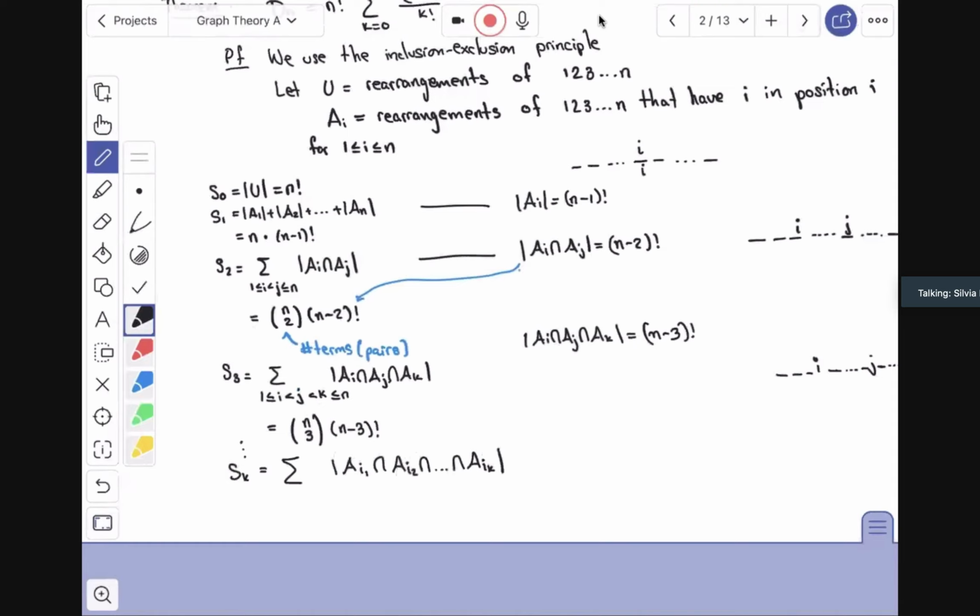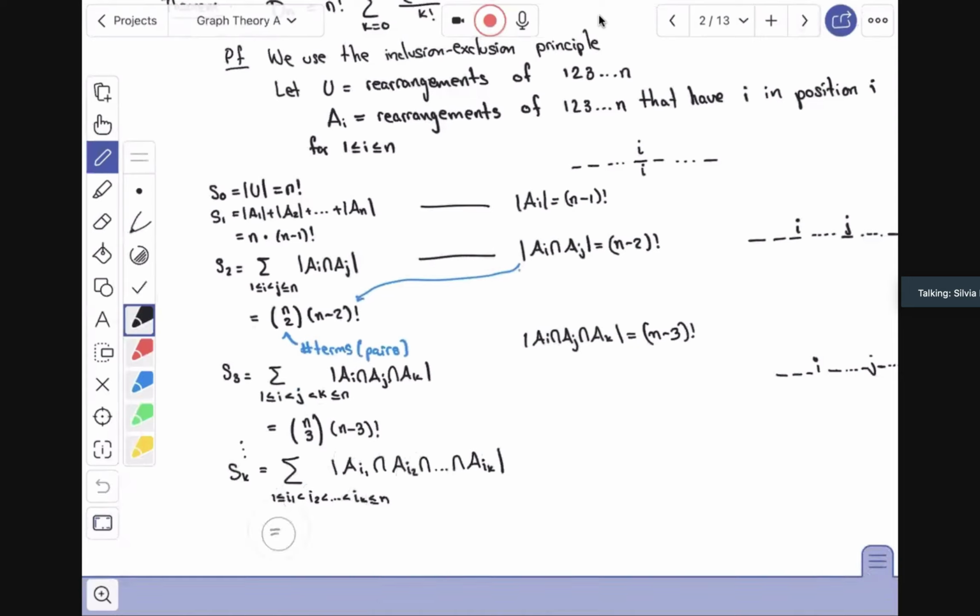That just means that I'm taking K subindices. And here I can say 1 less than or equal to the first subindex, less than the next subindex, less than the last subindex, less than or equal to n. And so I know how many terms I have. I'm just choosing k subindices.